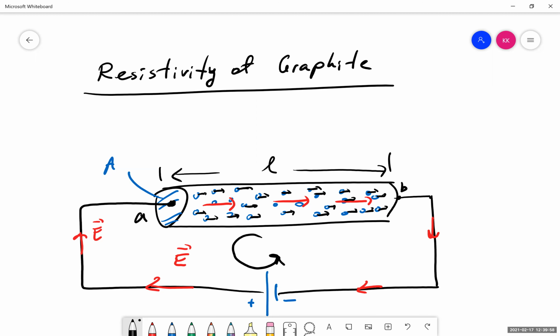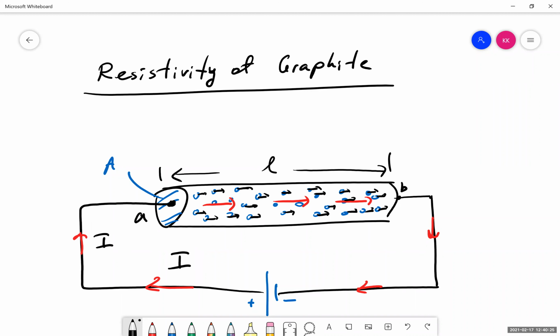But to simplify, we use what we call conventional current, and we define that to be, let's assume those charges over there are positive charges. Then the electric field will push them in the same direction. So what we can say here is the direction of the electric field is basically the same direction as the current. So now instead of using this electric field, we can say there is this current I in the circuit.